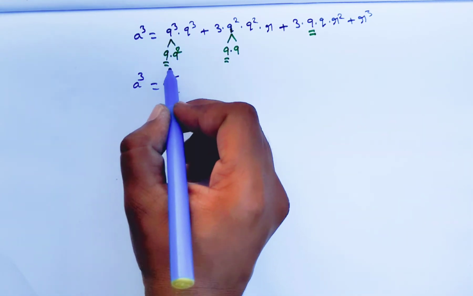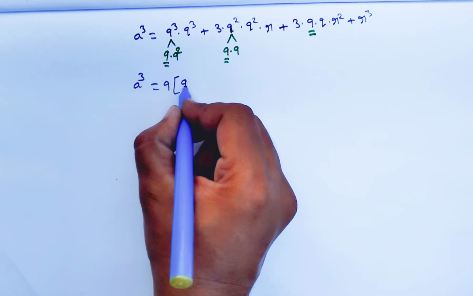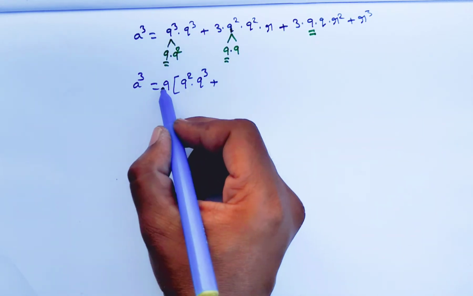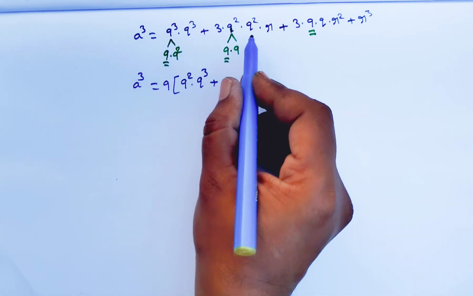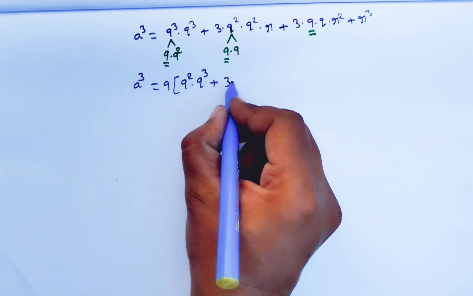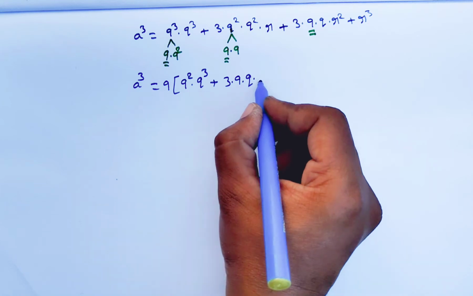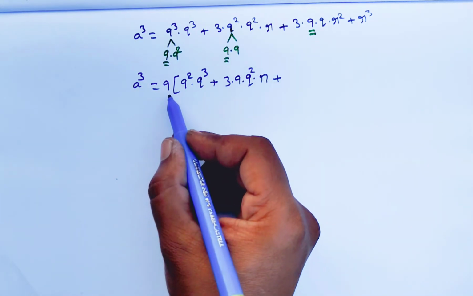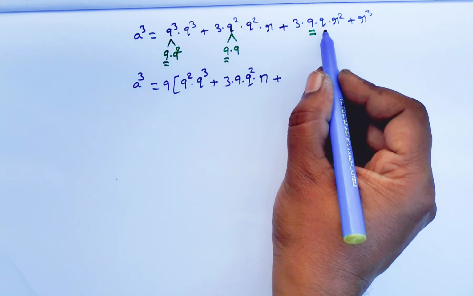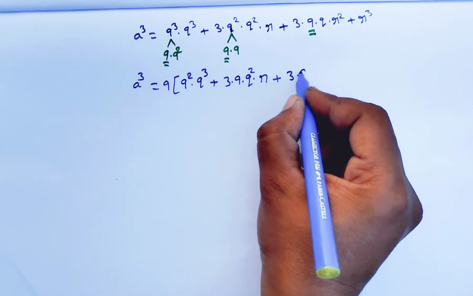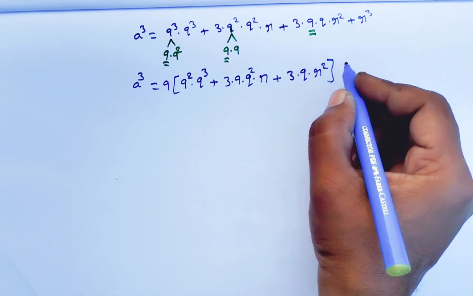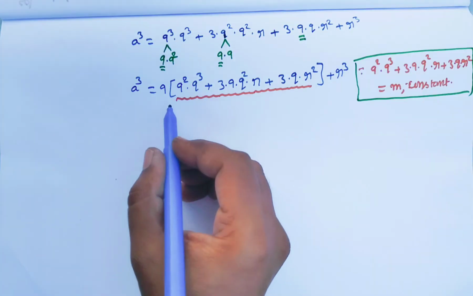The remaining terms are 9 square into q cube plus 3 into 9 into q square into r plus 3 into q into r square, bracket close, and the remaining term is r cube.